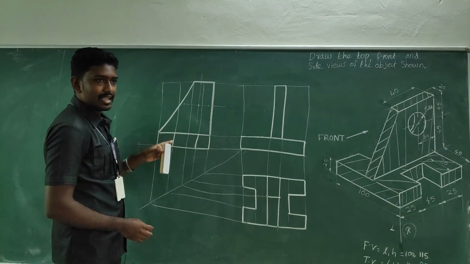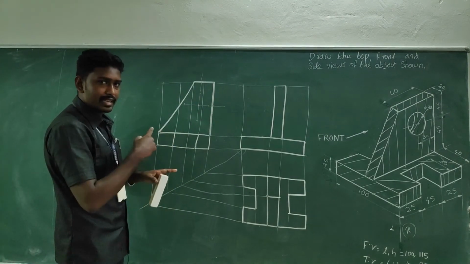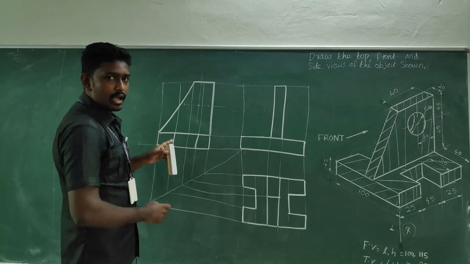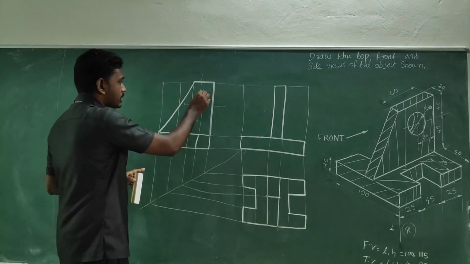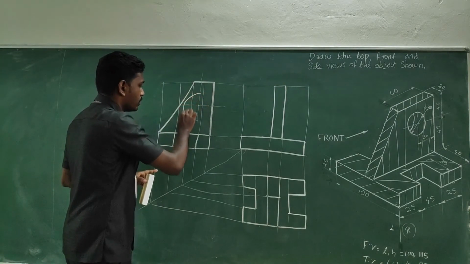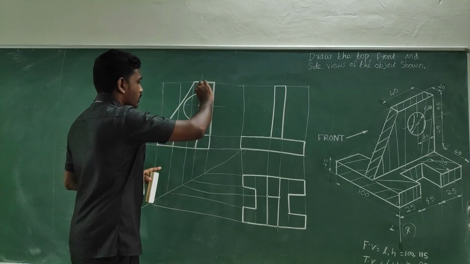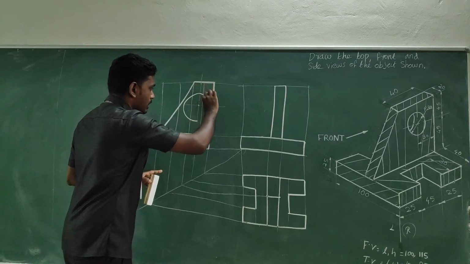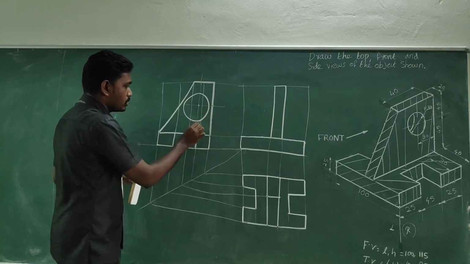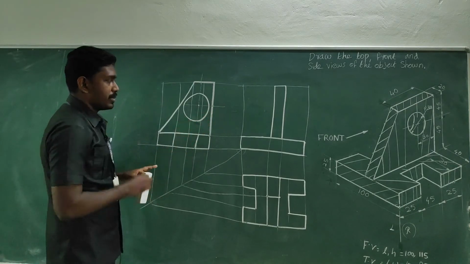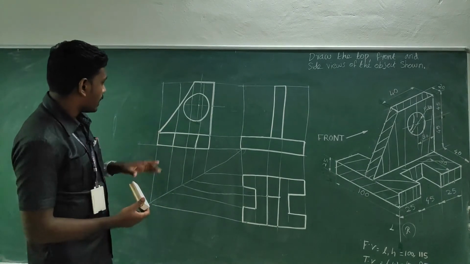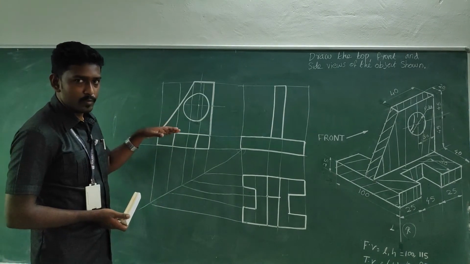It is a freehand sketch, so no need to go for a circle, just have 4 points and then close using freehand, in a smooth manner like this. So first of all, go with a light line. Once the circle is very good, you can go for an HB pencil as a dark one, right?